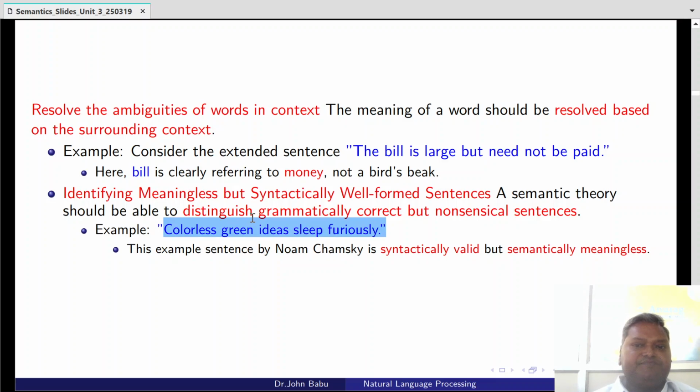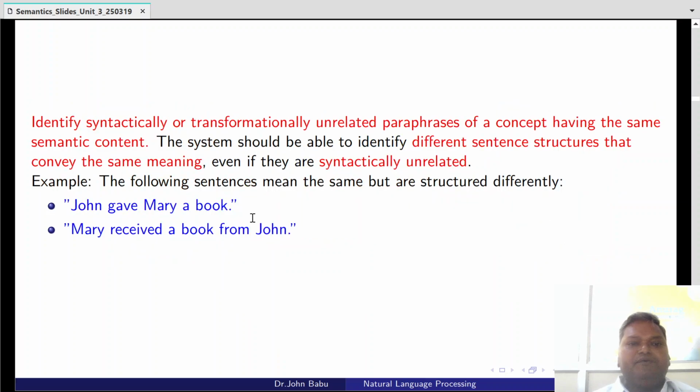That is the third. Number four, sometimes two different sentences may convey the same meaning. For example, John gave Mary a book. That is syntactically correct, semantically correct.